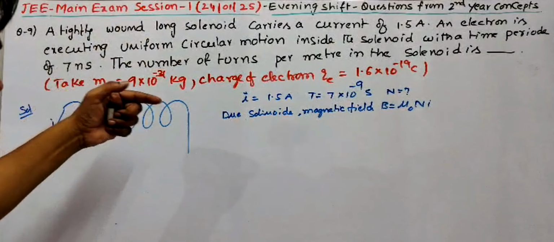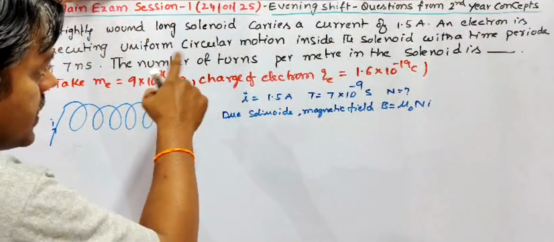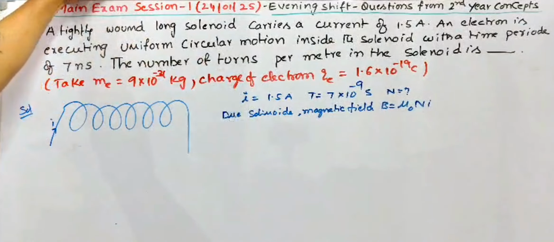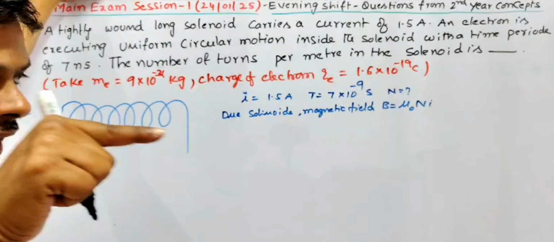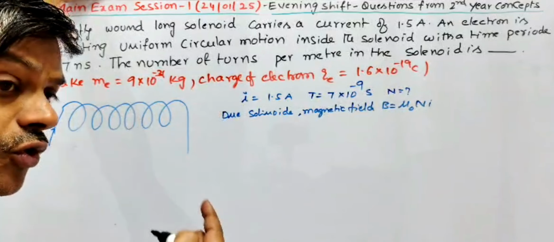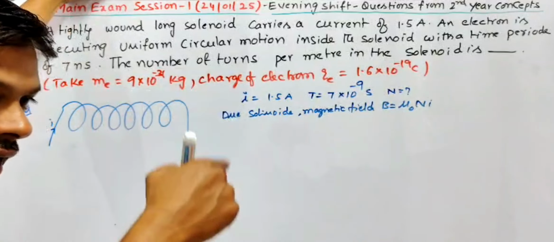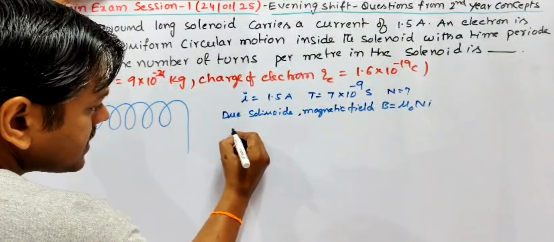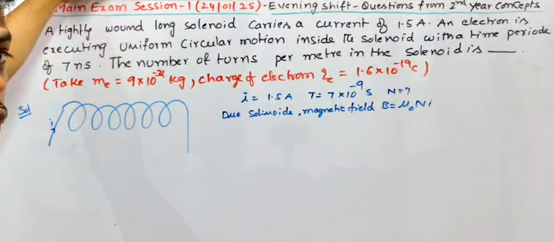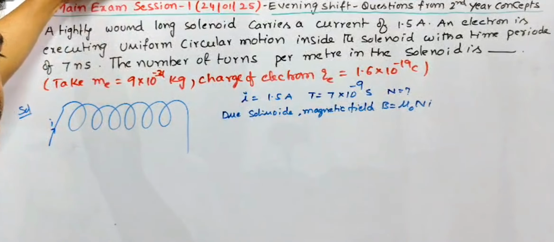Okay, so in this magnetic field, what happened? An electron is executing, so it is moving in a circular path. You know very well, when any electron enters a magnetic field, the field exerts a force on it. Due to that force, the electron is executing a circular path, isn't it? So the necessary centripetal force is provided to the electron by this magnetic field.